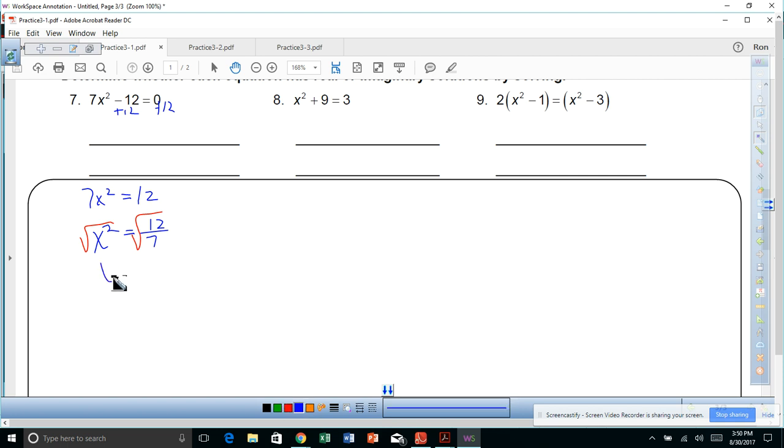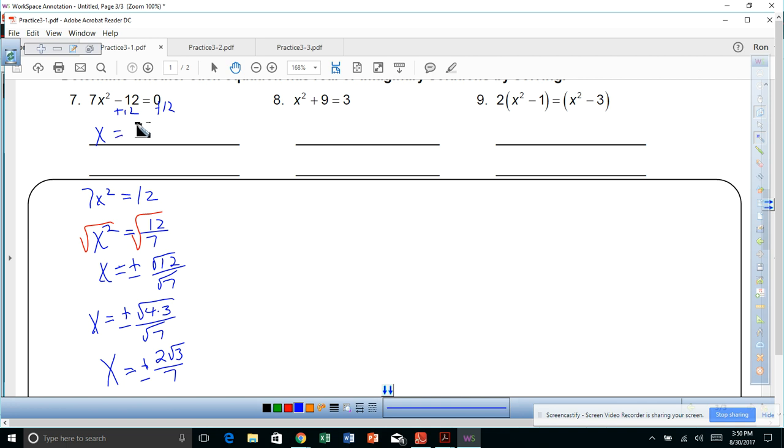And we have x equals plus or minus the square root of 12 over the square root of 7. Well, the square root of 12 would be the square root of 4 times 3 over the square root of 7. And the square root of 4 is 2, so we get x equals plus or minus 2 times the square root of 3 over 7.